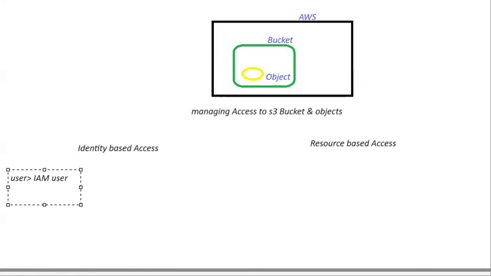In order to provide access to any service, it checks whether the user has any permission, that is, any policy. First it will check whether the user has any policy. If he has a policy to access this bucket, then this IAM user can access it.